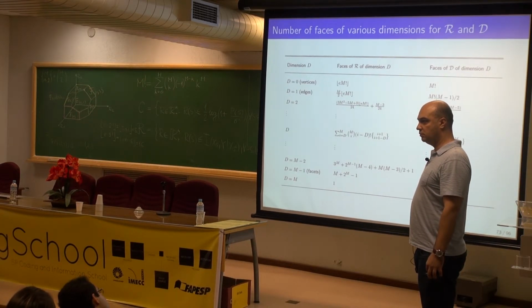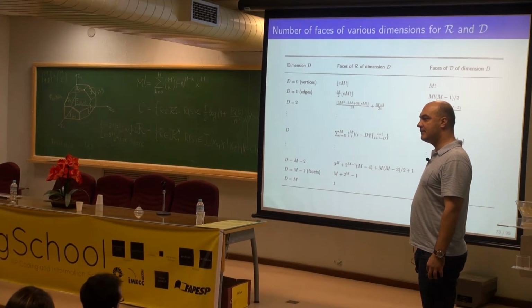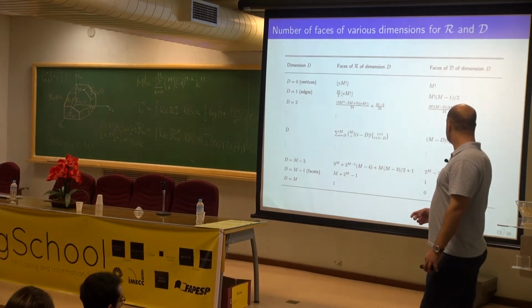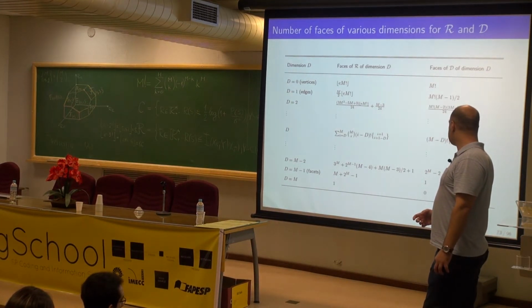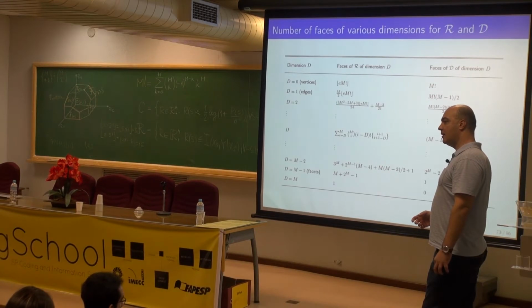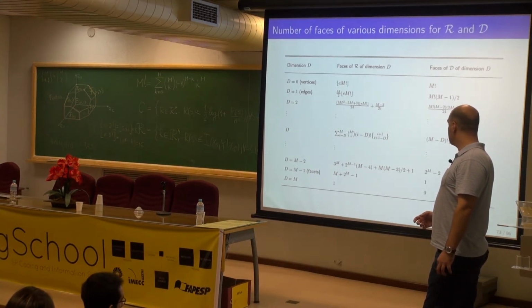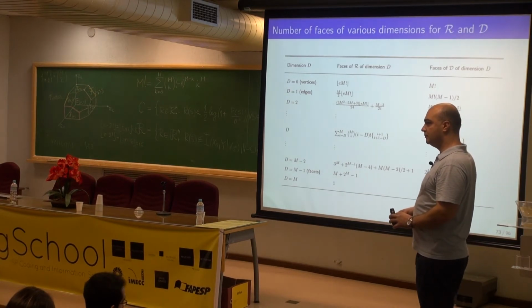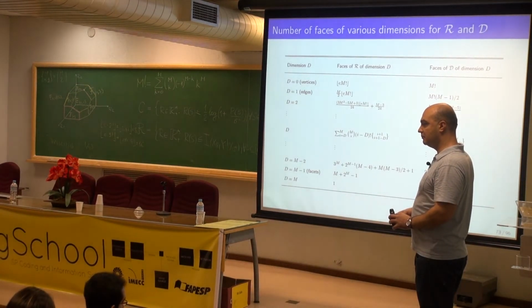But that seems to be lost because when m is even, m minus 1 over 2 doesn't divide evenly. If you divide the edges by the vertices, you get m minus 1 over 2 on average. But m minus 1 over 2 is not an integer when m is even. So you understand my question? The vertices are kind of symmetrical, so you expect the degree of the vertices to be constant. It's true for 3, but not true for maybe 2 or 4. And there's a lack of symmetry.